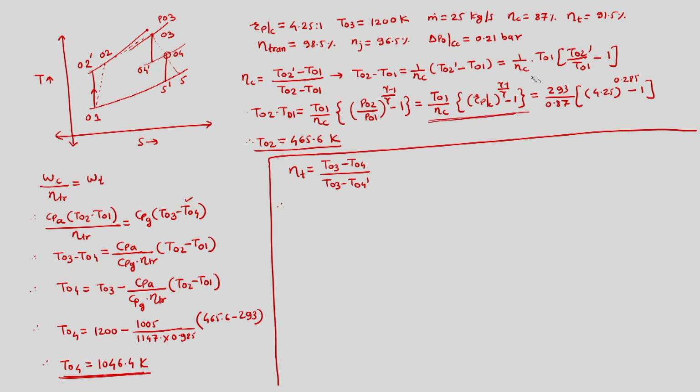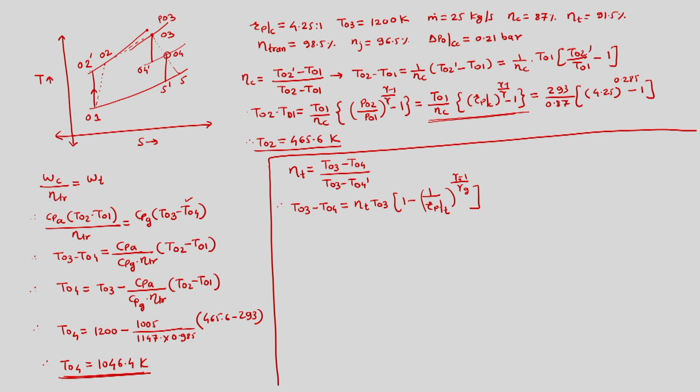Here same way we can formulate it for the pressure ratio using this, where we have T03 minus T04 is equal to turbine efficiency into T03 into 1 minus 1 upon turbine pressure ratio bracket raised to gamma minus 1 upon gamma, but here it should be noted that this is gamma for gas.